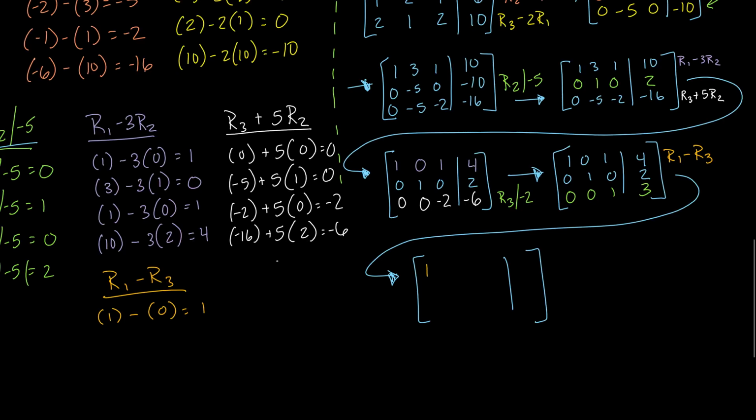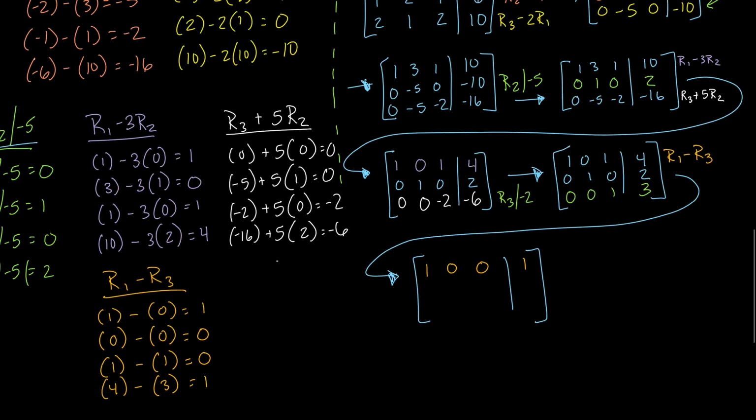Then my row 1 y value is 0, minus the row 3 y value, which is also 0, so this remains a 0. And then my row 1 z value is 1, minus the row 3 value, which is a 1. So that's 0, just like we wanted it to be. And then my row 1 constant is 4, minus my row 3 constant, which is a 3. 4 minus 3 is 1.